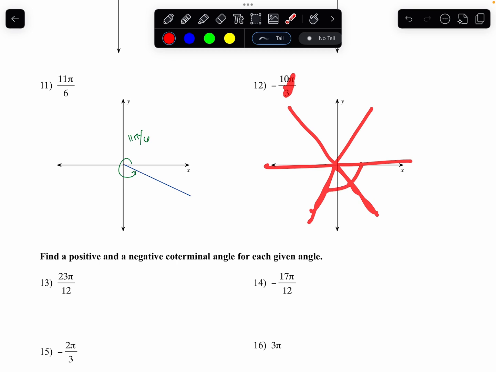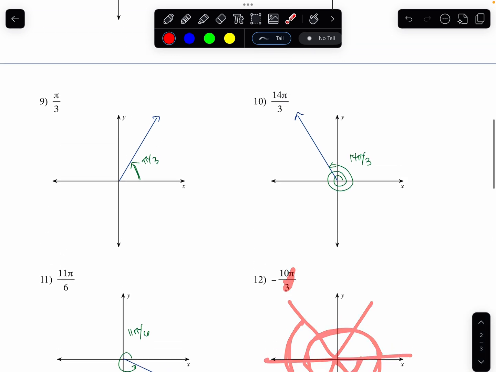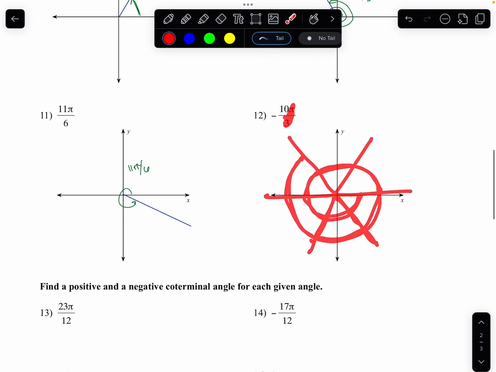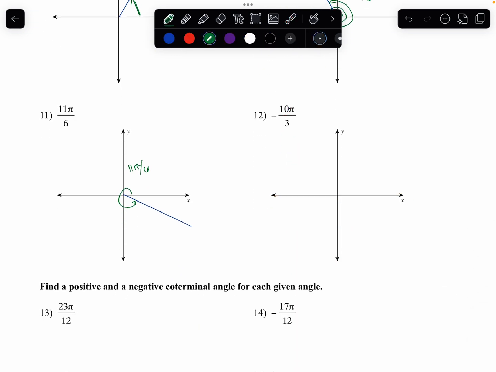So 1, 2, 3, 4, 5, 6, 7, 8, 9, 10. So I'm going to rotate once, and then I have to go all the way back to here. So it's actually going to be the same measure as this angle right here, but I just got there in a different way. So it should be like right here. I'm rotating once clockwise and then all the way back right there.